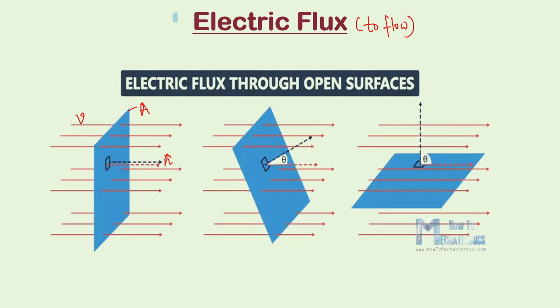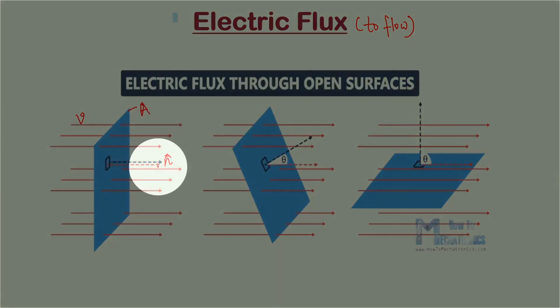The rate of flow of liquid is given by the volume crossing the area per unit time, which is equal to V into A, representing the flux of liquid flowing across the plane.